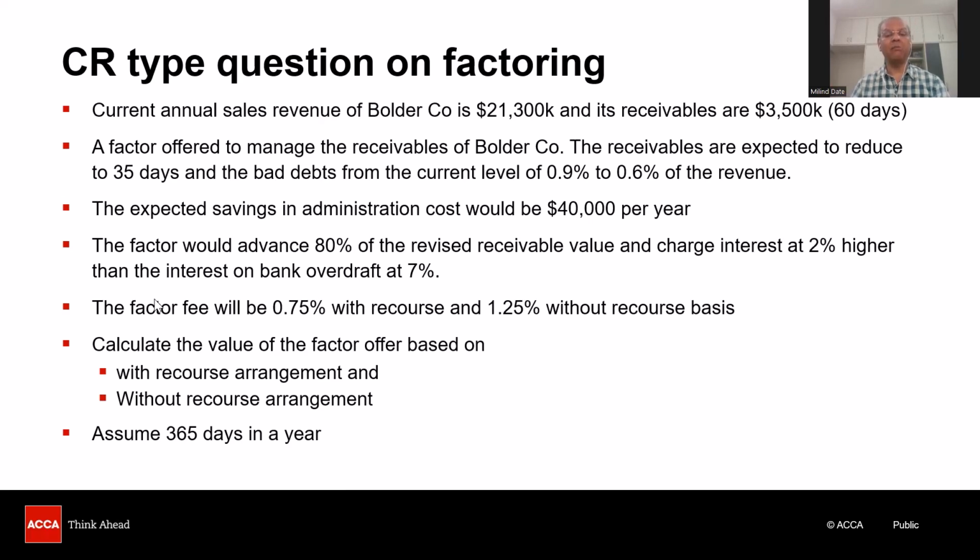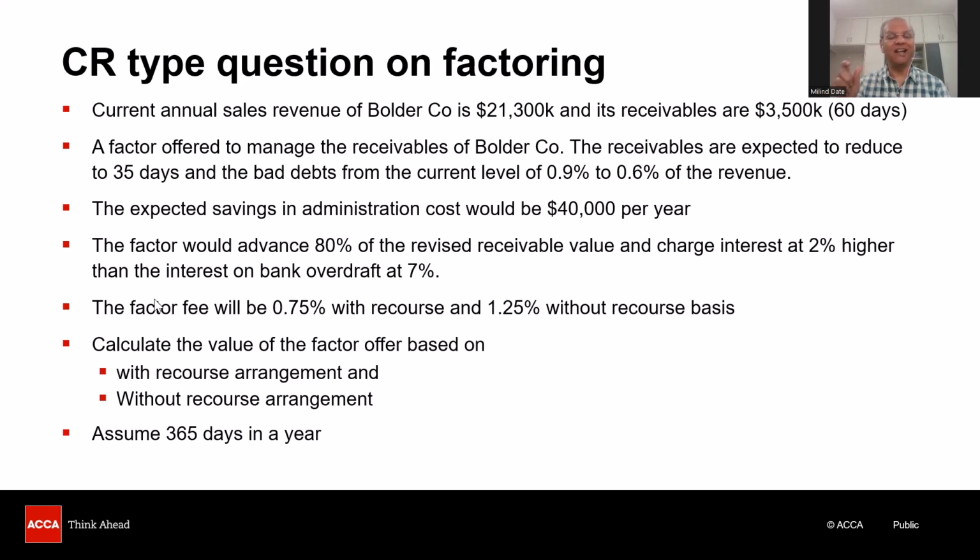So revised receivable days are known to you, which is 35. You will have to calculate the monetary value of 35 days and then calculate 80% of that, on which you have to pay 2% higher over 7. That means at the rate of 9%.